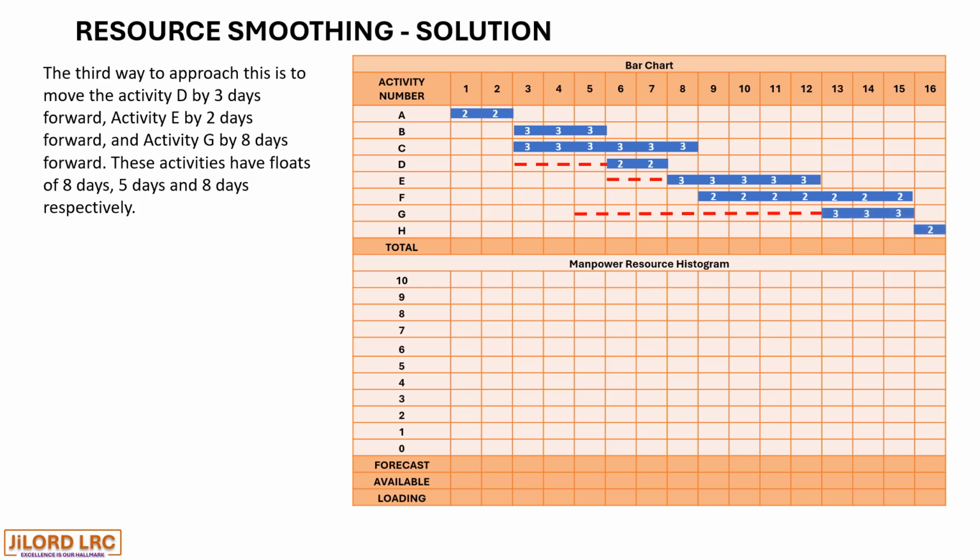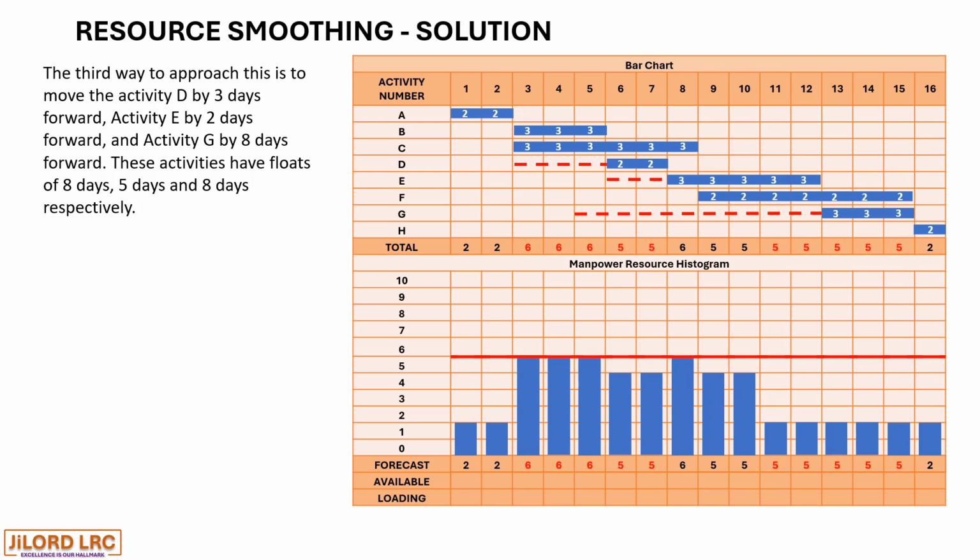So let's look at the total resource profile. Yes, so when we add up all the resources per day, we have none of them going above 6. So we can then plot our smooth resource histogram. Yes, so the smoothing has been successful by the movement of the resources to their current position.